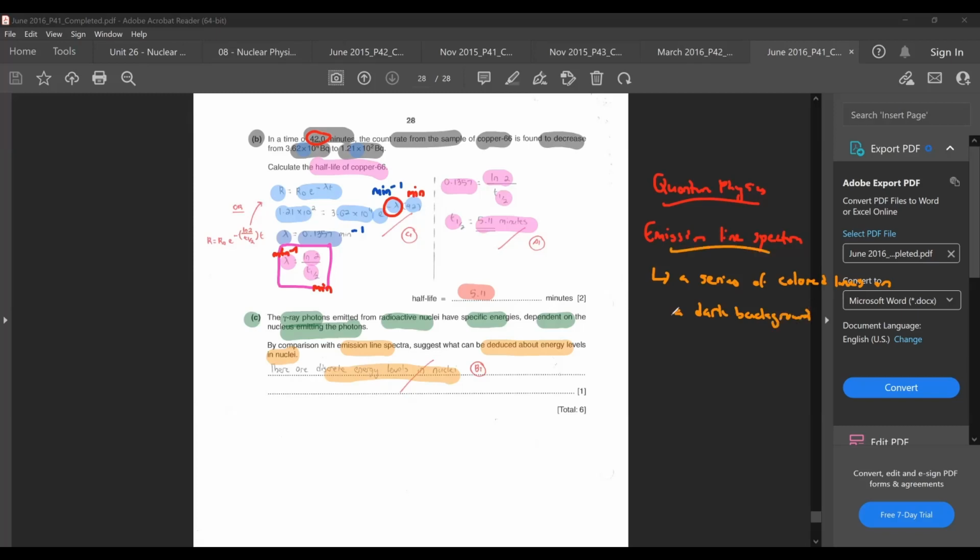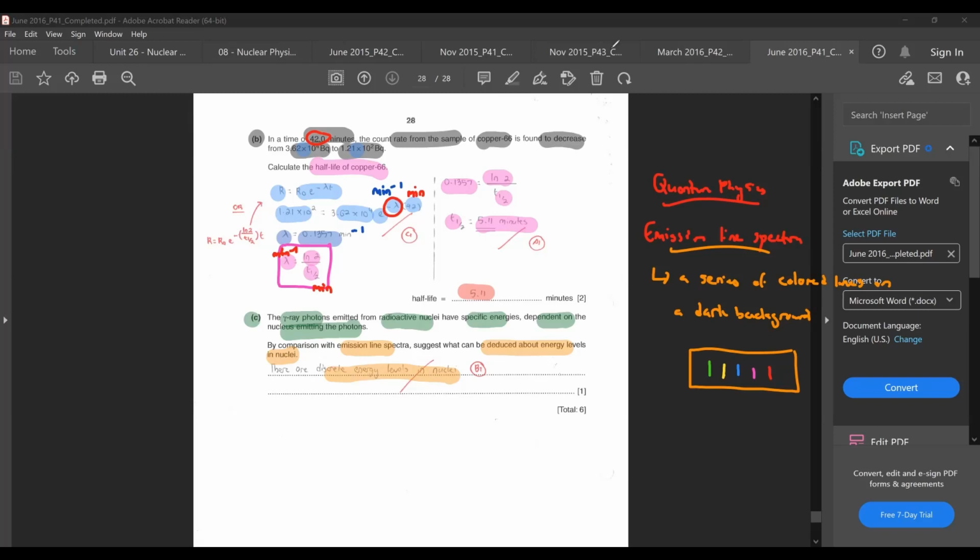Emission line spectra in quantum physics is just referring to a series of colored lines on a dark background where you have, say, different colored lines: green, yellow, blue, red, pink, whatever. So these colored lines here represent a specific wavelength and a specific energy of photons.